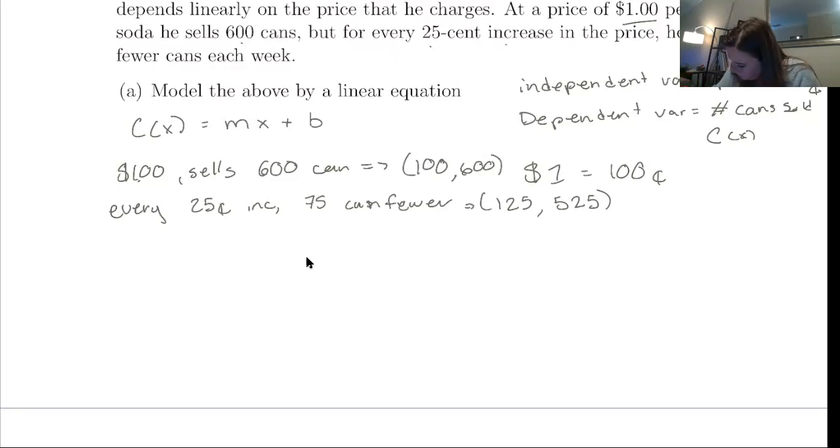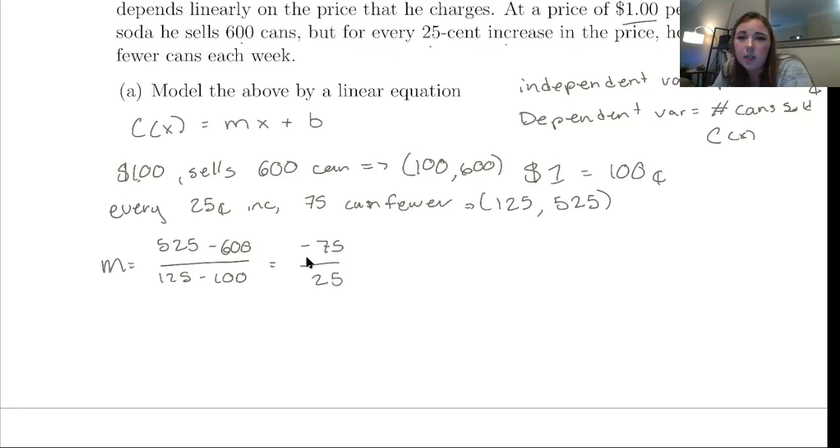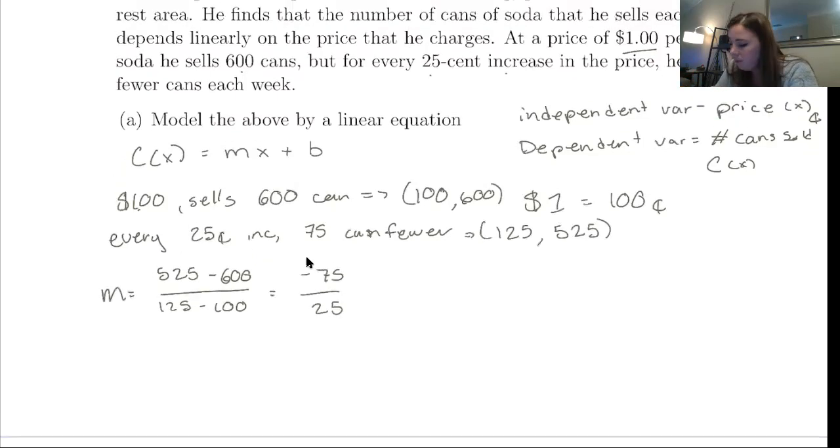So remember M, I'm going to do 525 minus 600 over 125 minus 100. Right, so that's going to give me minus 75 over 25. This is the rise or run part that's explicitly said in our problem, right?